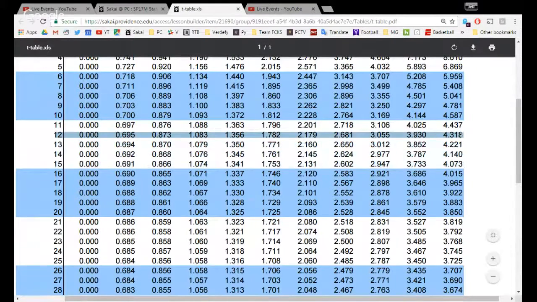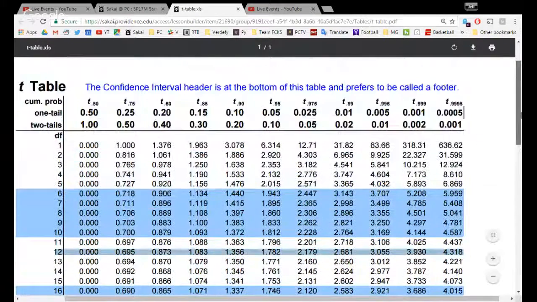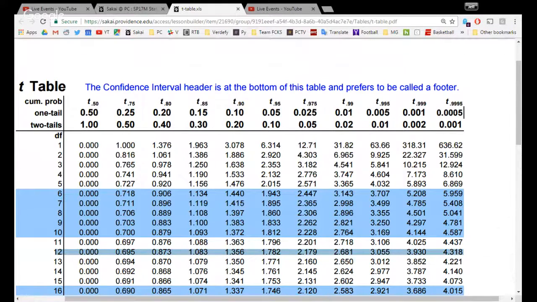This is the row for 12 degrees of freedom. It gives us a critical t of plus or minus 3.055. It's that row from this column, two-tail 0.01. 3.055.